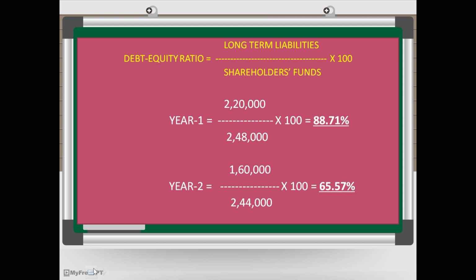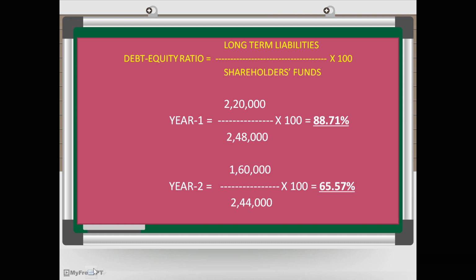This is a good sign. This is a very good sign that the company is reducing borrowed capital. So very favorable ratio can be seen over here.